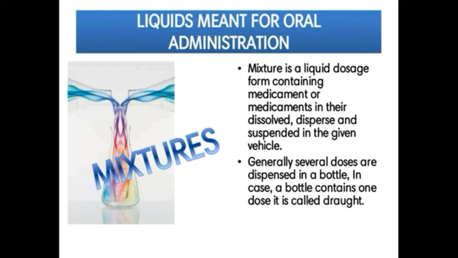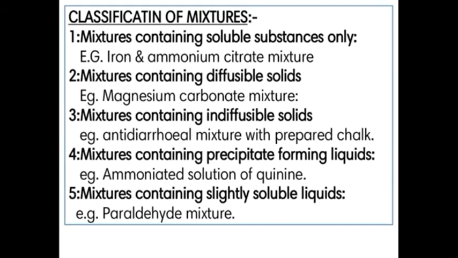Next we see the classification of liquid dosage form. Basically, liquid dosage forms are divided into two parts according to the phases. Monophasic means only one phase is there, and that is only the liquid phase.